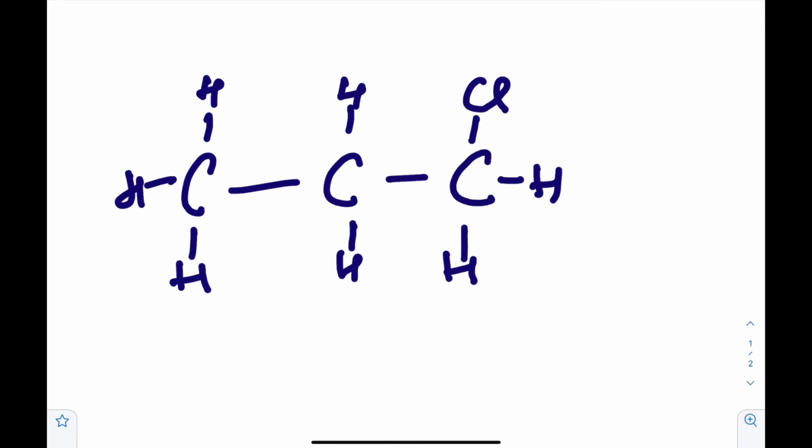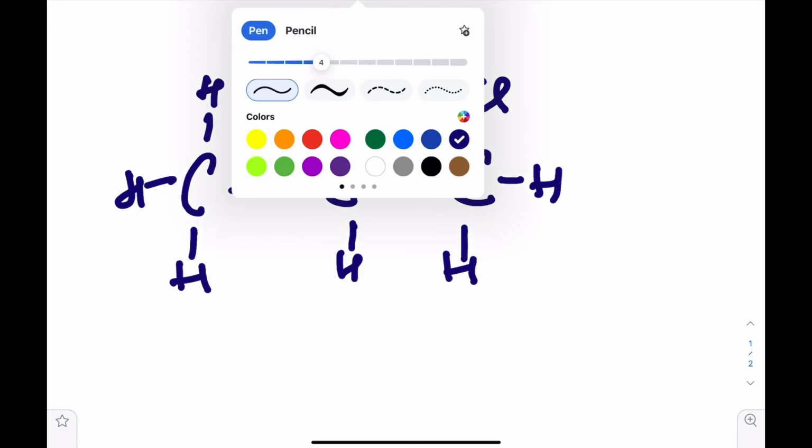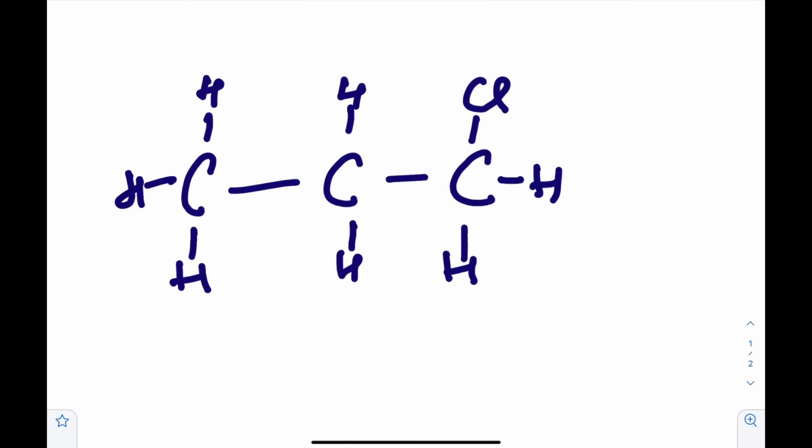Anyhow, how many carbons do we have? We still have 3 carbons, but how many hydrogens do we have? We now have, if you count them carefully, 7. But we have a special guest here, and that is a chlorine. So we have a chlorine substitution here. Okay, so that changes things, doesn't it?